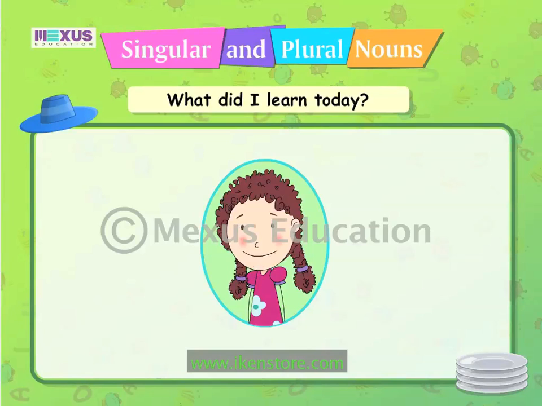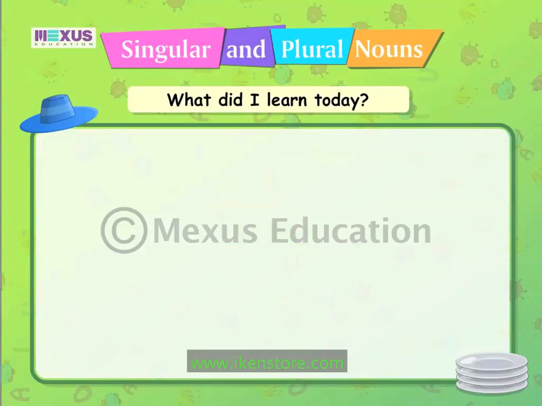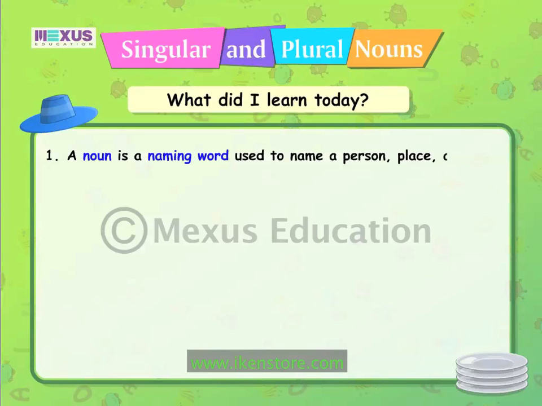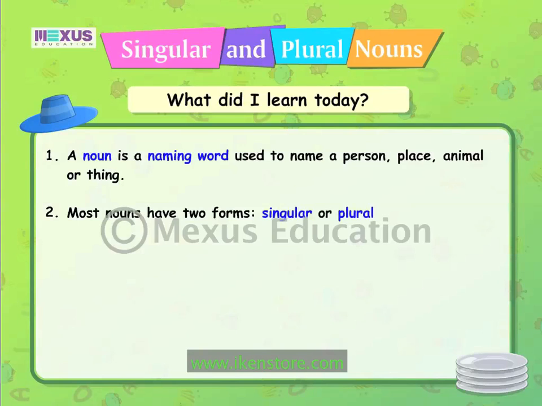Let us take a look at the important points we have learned in the lesson singular and plural. A noun is a naming word used to name a person, place, animal, or thing. Most nouns have two forms, singular or plural in number.